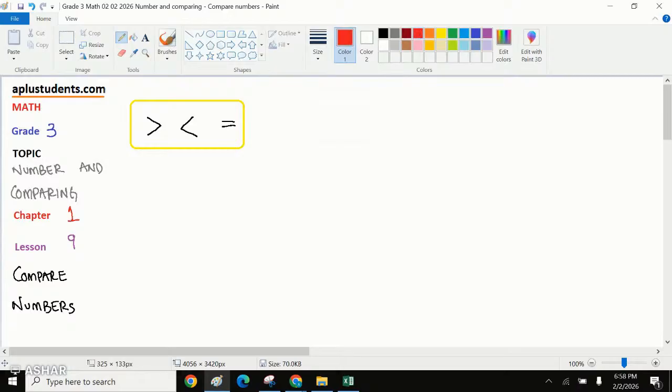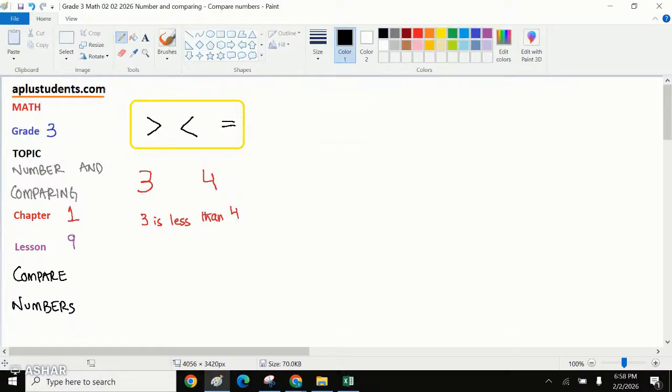If I write 2 numbers over here, 3 and 4, we know that 3 is less than 4, right? But in mathematics, we use symbols.